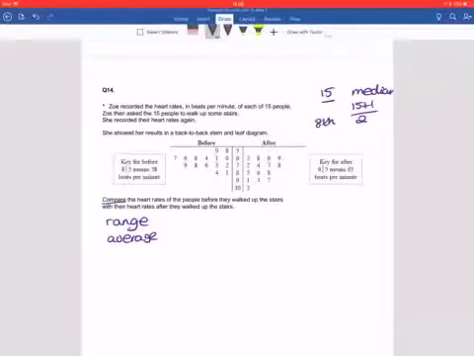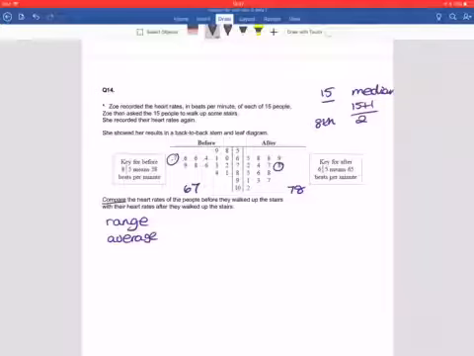So looking at them, 1, 2, 3, 4, 5, 6, 7, 8. The 8th one is there, so after that is 78. And this way, 1, 2, 3, 4, 5, 6, 7, 8 is this one, so that one would be 67. And also we need to talk about the range.